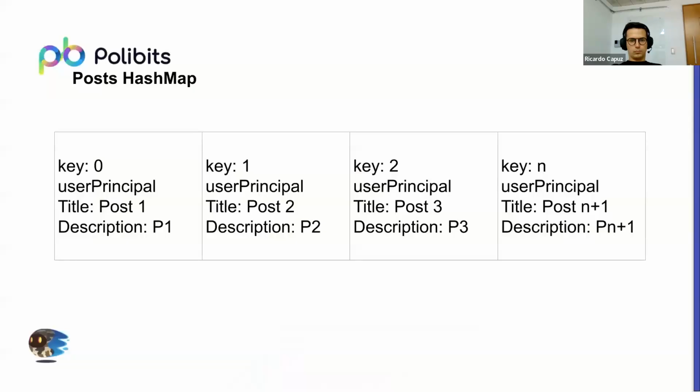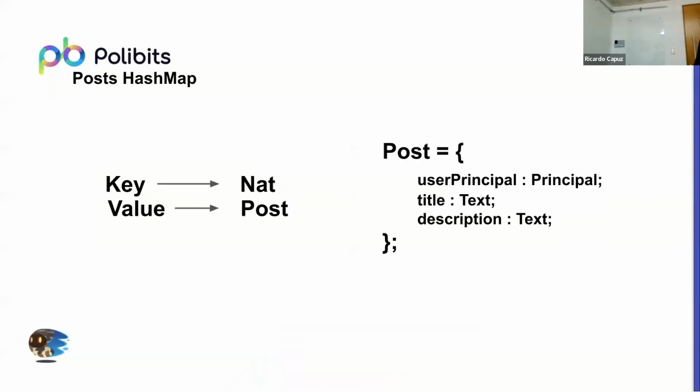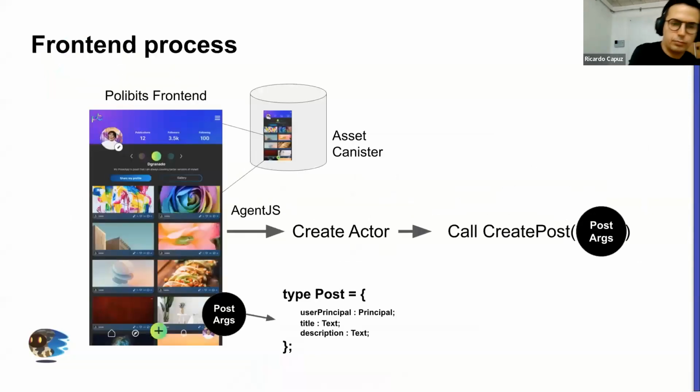Assume we have all Polybits posts inside a hash map with a key of type Nat and with the value Post that you can see on screen, which has as attributes user principal, title, and description. From the Polybits frontend, we can push a post via agent.js, creating an actor and calling the method createPost with the attributes we already saw on the Post type.